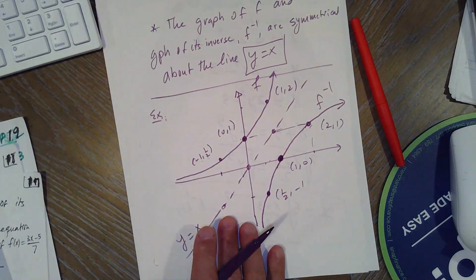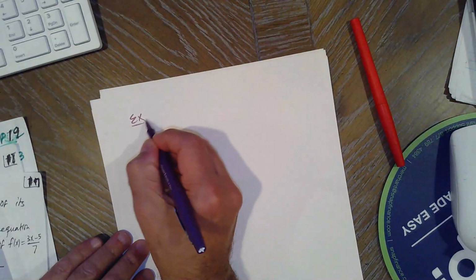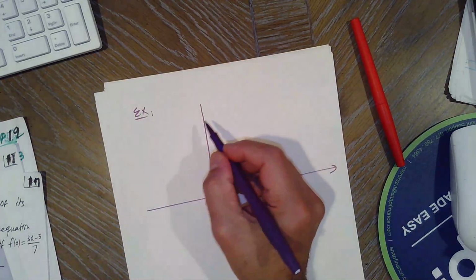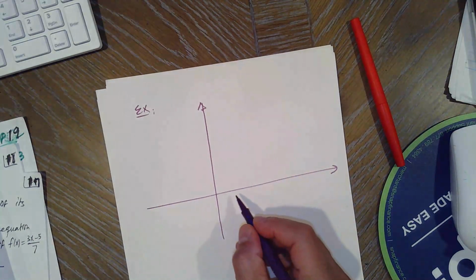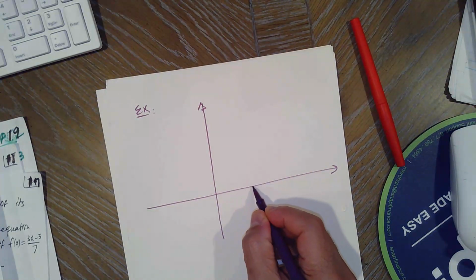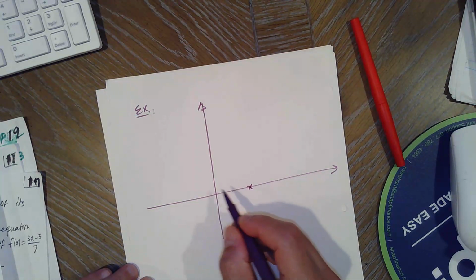Okay, I want to show you one more. Again, given the graph of f, graph its inverse. So here's f. It goes through (1, 0). It goes through (1/2, 1).